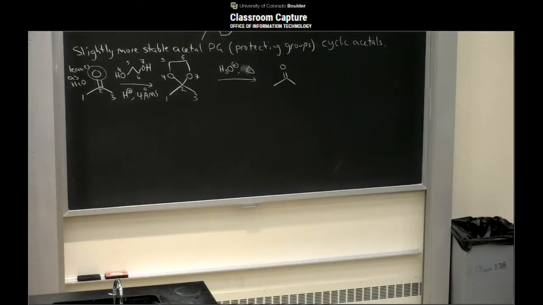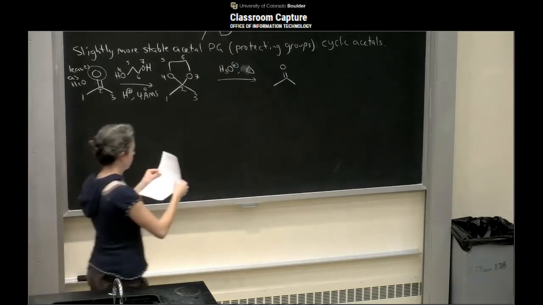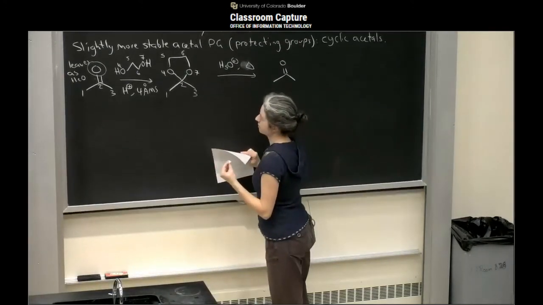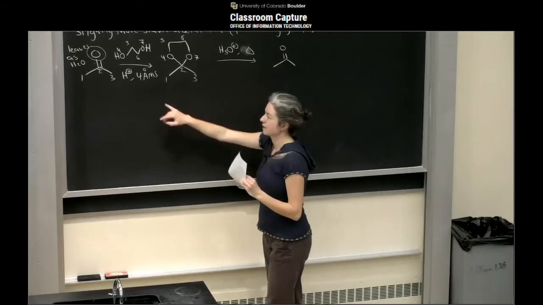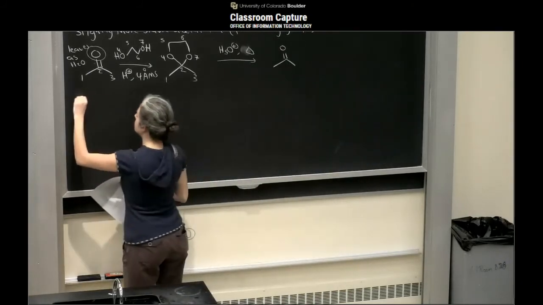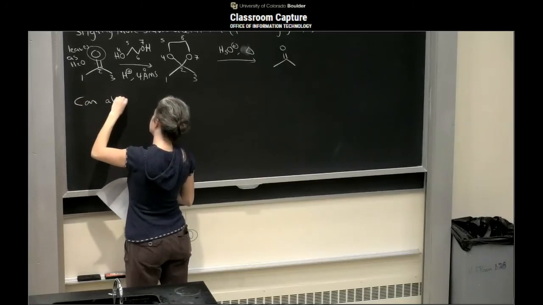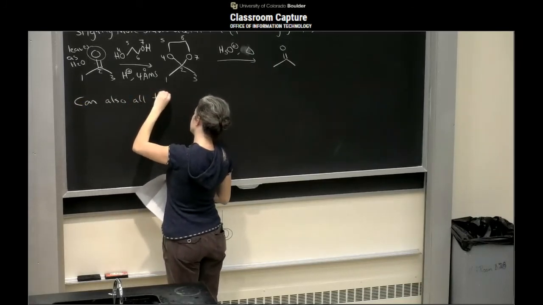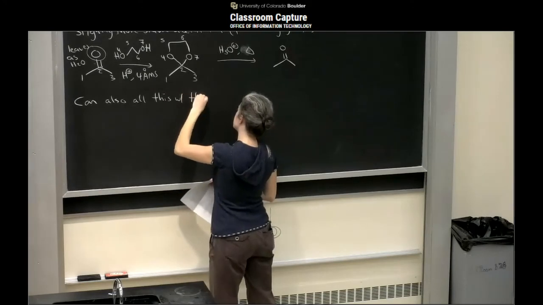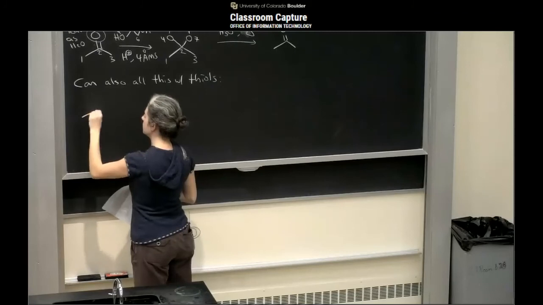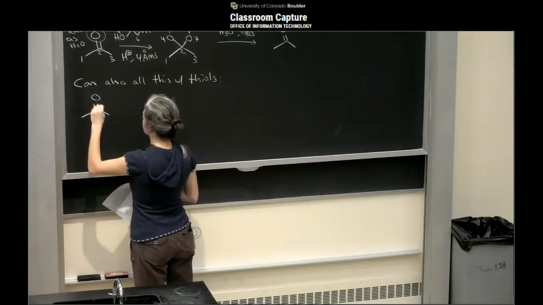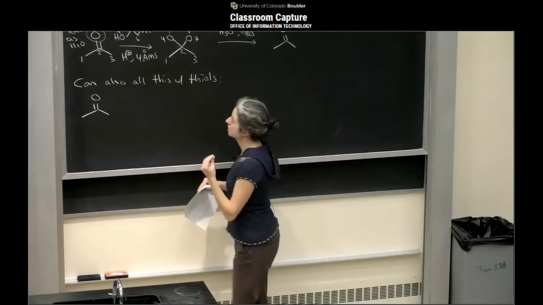Cool, so I got a couple minutes left. One other option that we haven't looked at too much for sulfur chemistry is you can also do all this with thiols. So not just the cyclic acetals, but also the regular acetals.